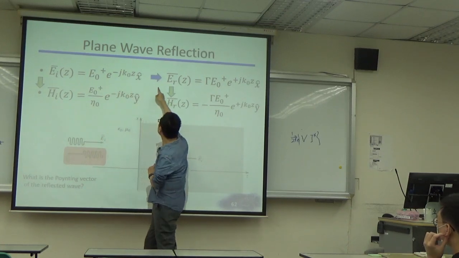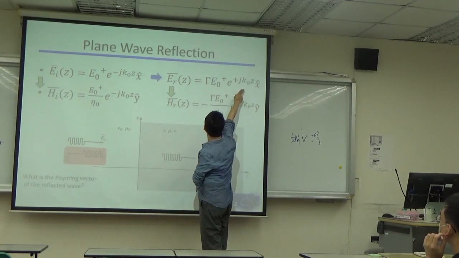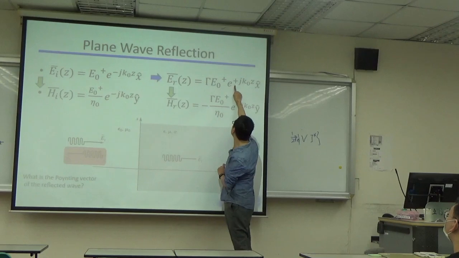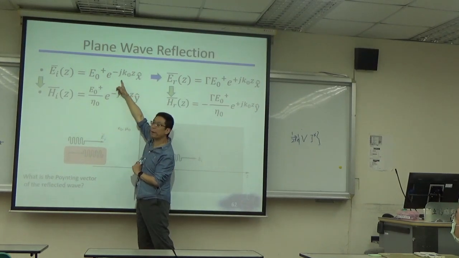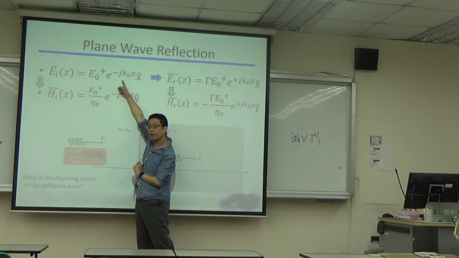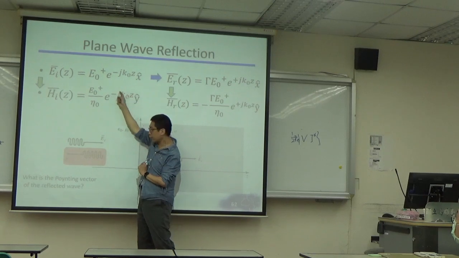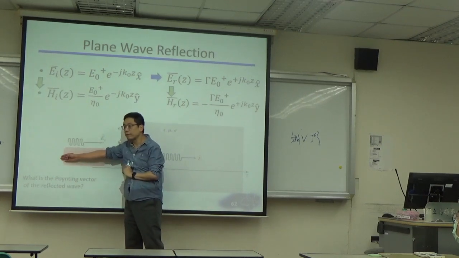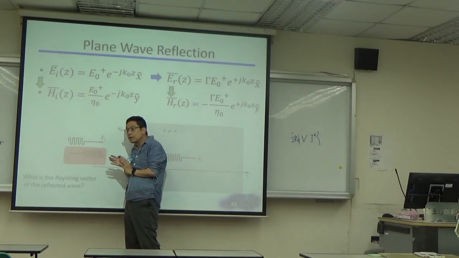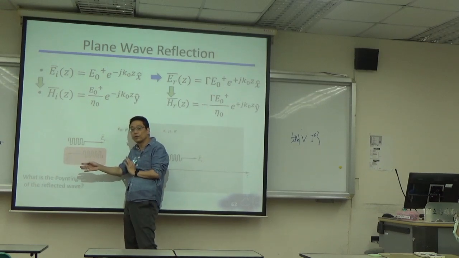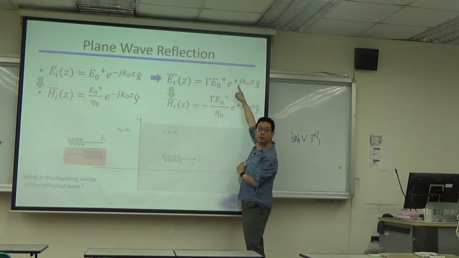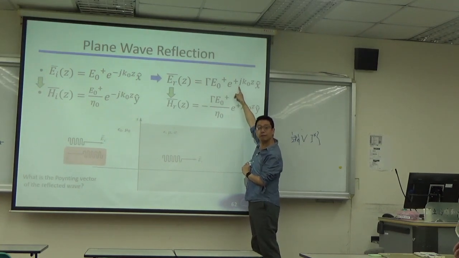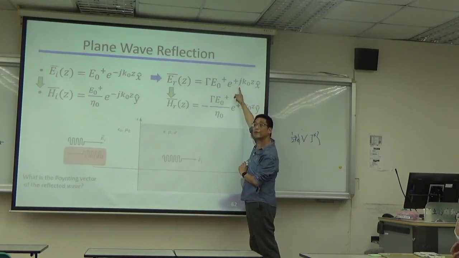Instead, your direction now is going in the minus z direction. You go in the positive z direction, right? This is a positive wave. But your reflected wave will go in another direction, so you need to use the positive sign for a negative direction, or for a reverse direction.